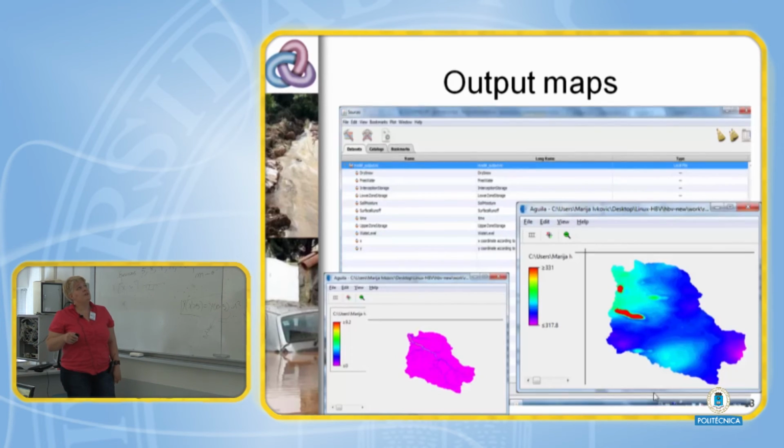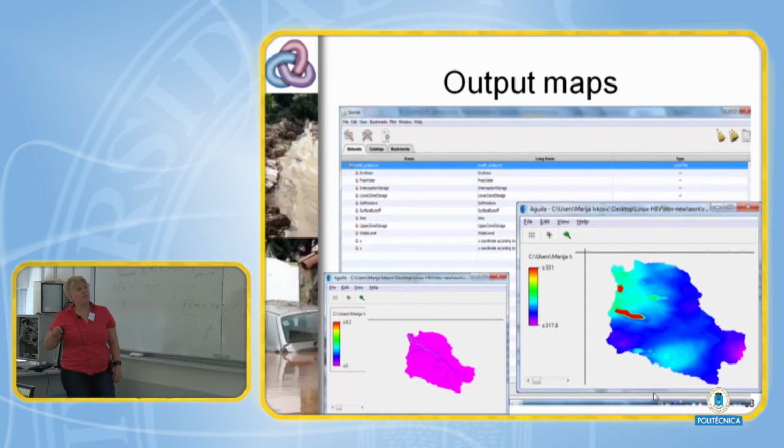So this is the overview of the output maps. Output data are also in a netCDF CF file. And there you will find this list of the maps. You will have the information about the snowpack.